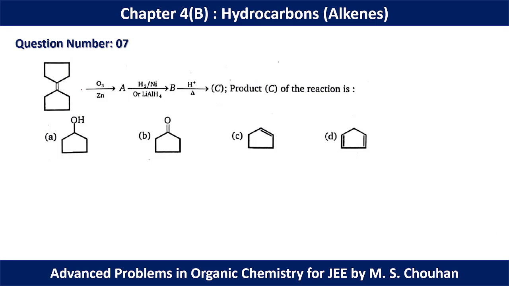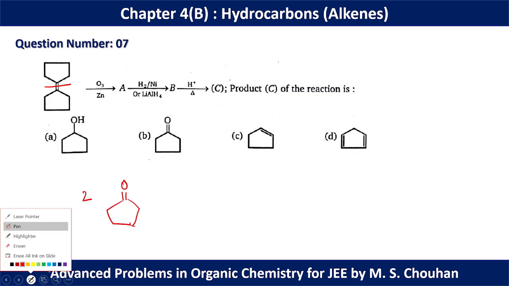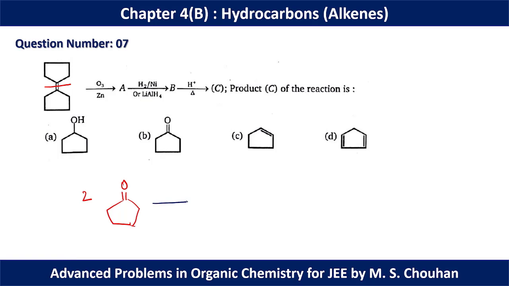In question number 7, initially we have reductive ozonolysis. So we may dissociate this pi bond from this position and we will get two equivalents of ketone. Now we have reduced this C double bond O by nickel hydrogen and we have formed alcohol.